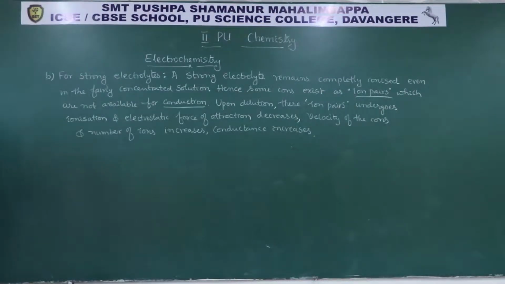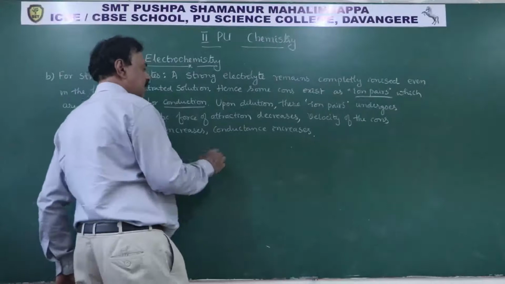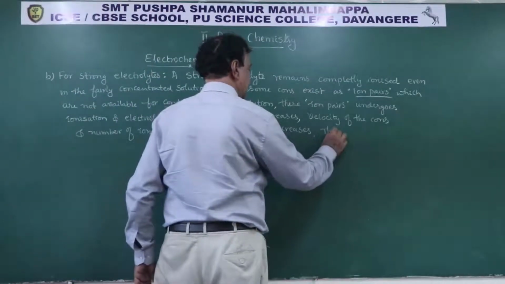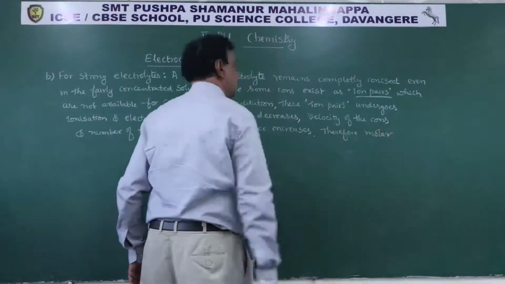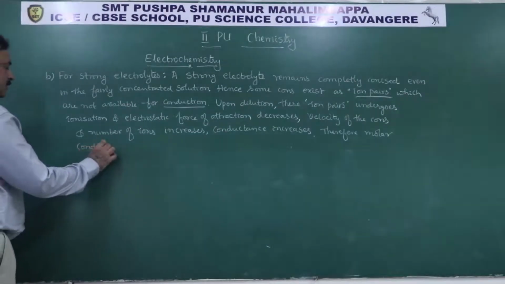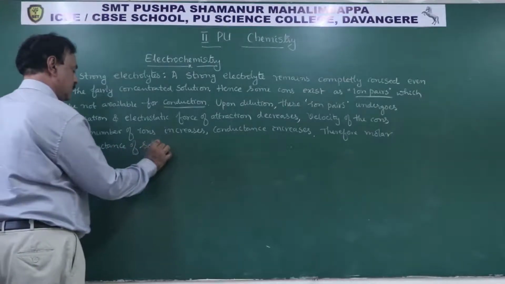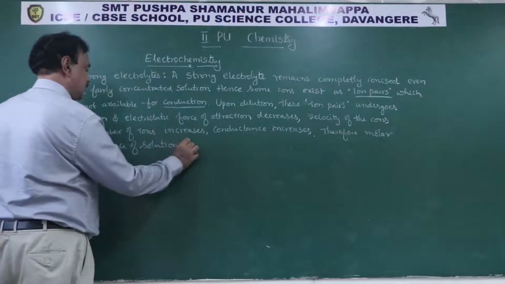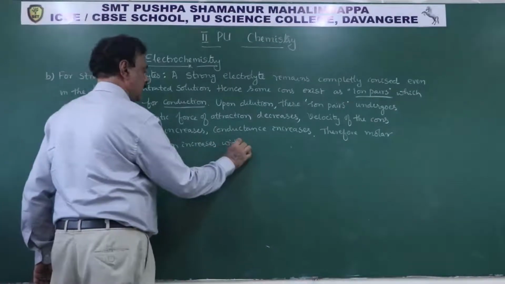Moreover, the velocity of the ions increases upon dilution. Hence, lambda increases upon dilution for a strong electrolyte. Therefore, the molar conductance of the solution increases with dilution.